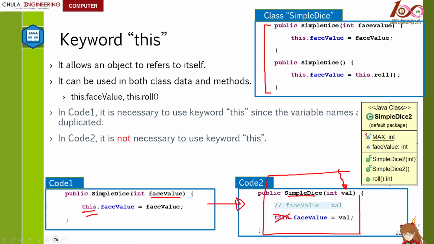So in this case, if you refer to faceValue, it will mean the face value property of the object, the face value of the dice, because there's only one that it can refer to.